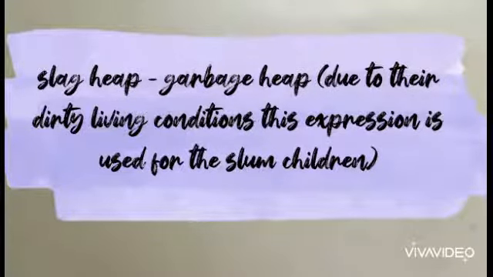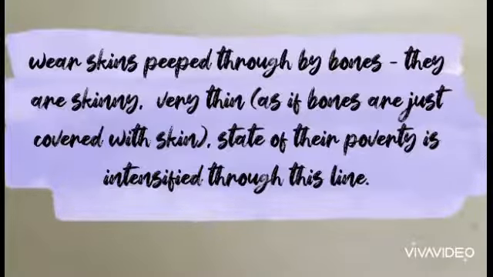Here in this paragraph it is mentioned that on their slag heaps, here slag stands for garbage heaps, these children wear skins. It is as if they have only bones covered with skin, and their bones are peeping through the skins. And the biggest thing mentioned here is that their condition is so bad, which can be understood from the clothes that they wear, and also their glasses.